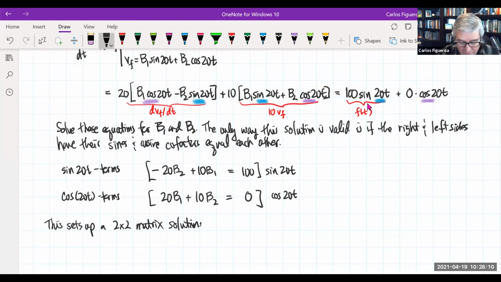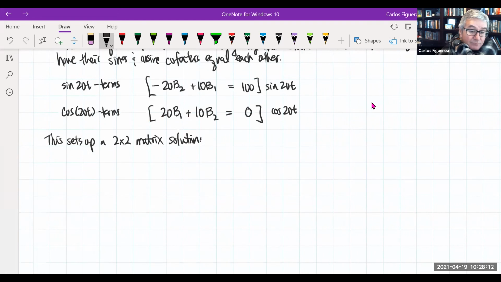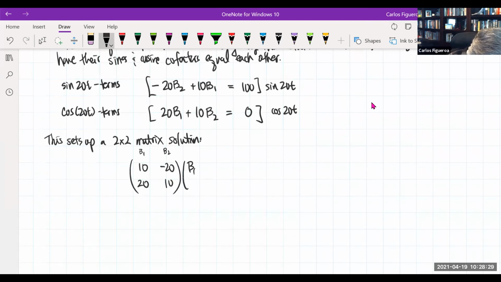Now if I look at the matrix solution, it's going to look like this. I take all the B1s, which are 10 and 20. Then I take all the B2s, which give me minus 20 and 10. And then I get 100 and 0.